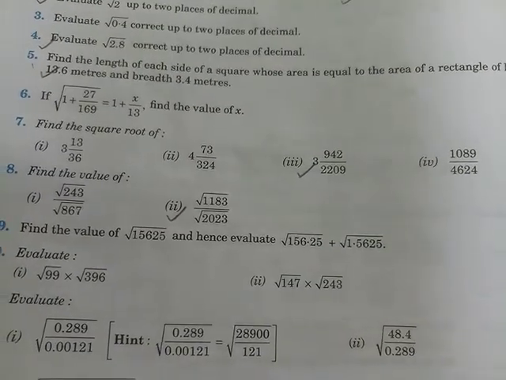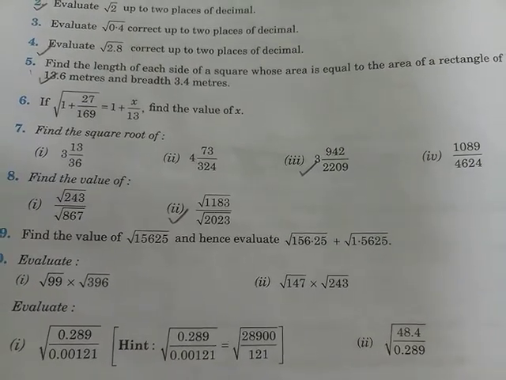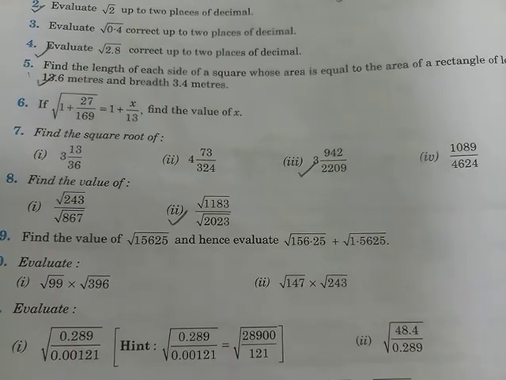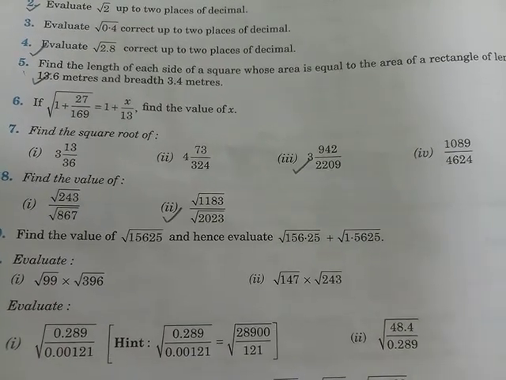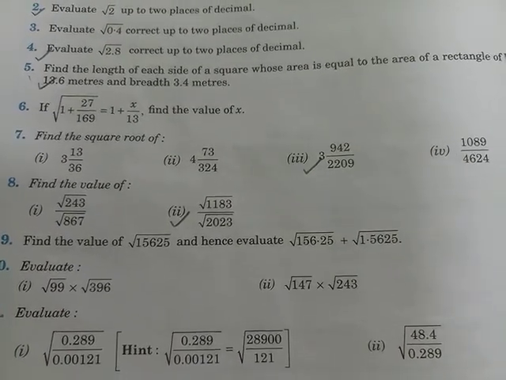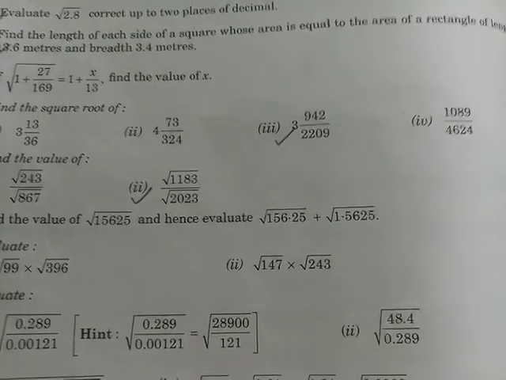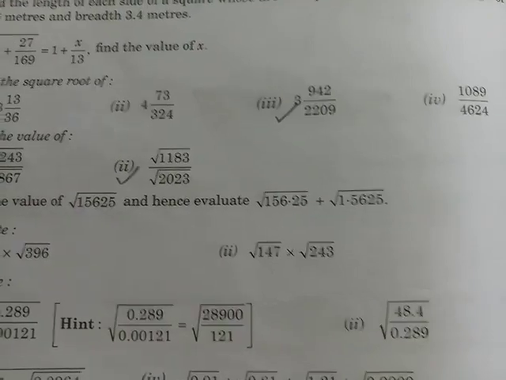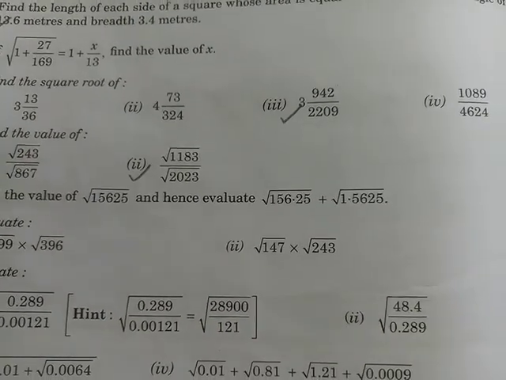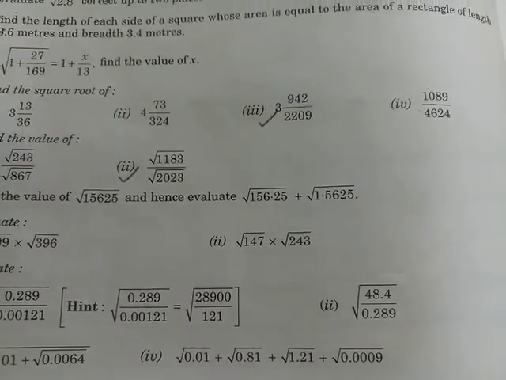Find the value of. So we are looking for the value of. I am doing the second part for you. I told you whenever we have numbers in fraction form under the square root, if you have any common factor, then you can divide. Otherwise, you can proceed with finding the square root directly.